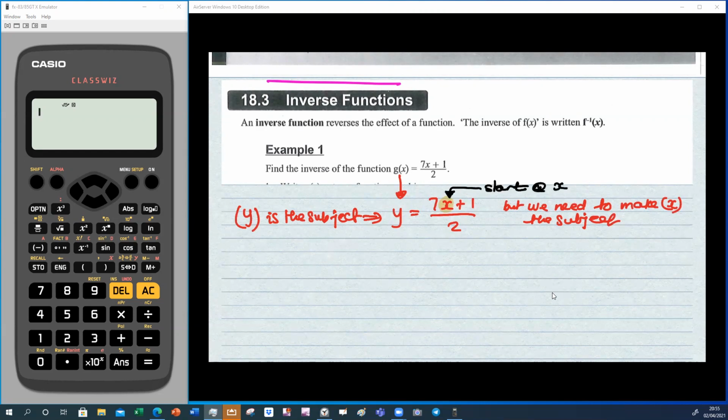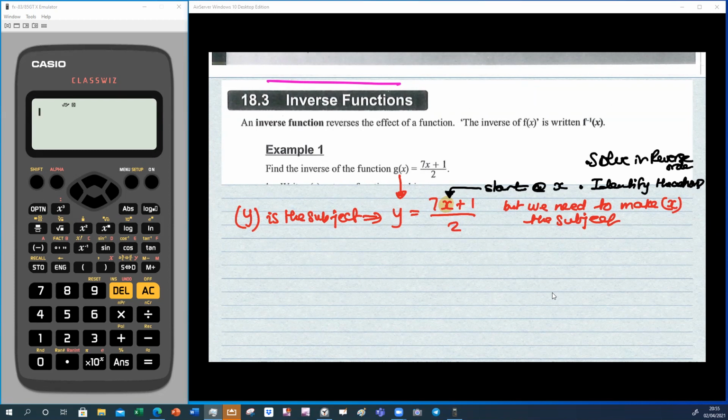What's the second step? You identify the actions. And what's the third step? You solve, or in this case just rearrange, in reverse order. So you've got those three things: starting at x, identifying the actions, and reversing.